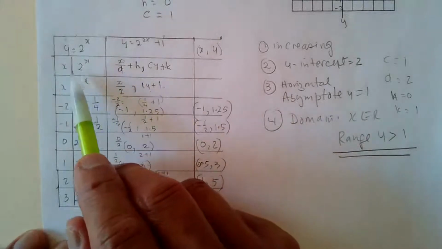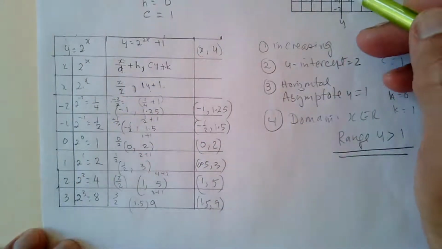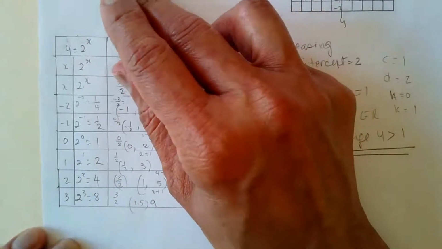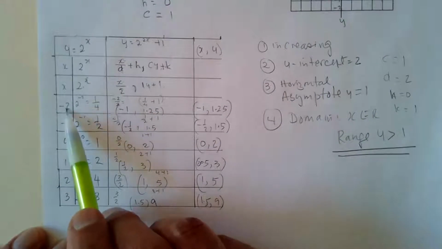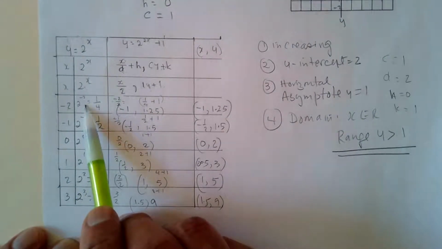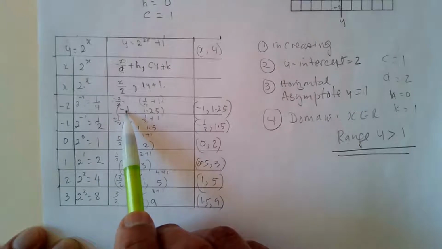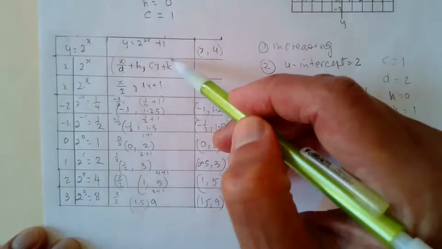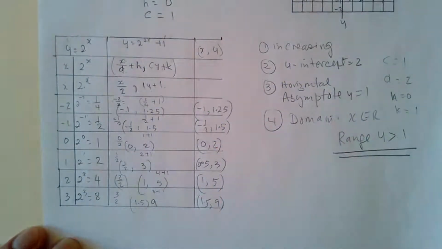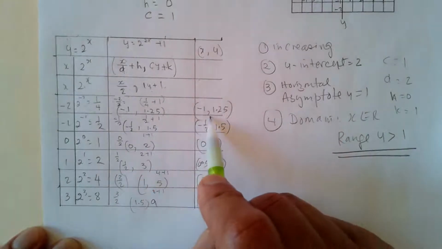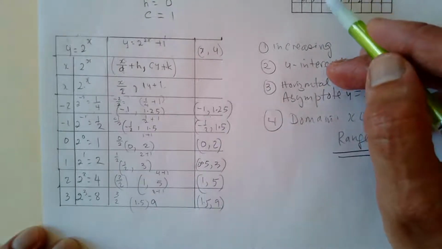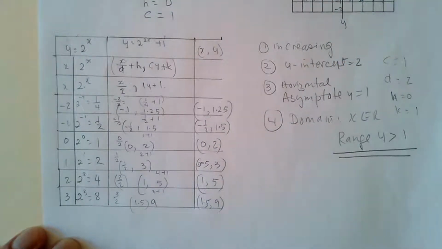First, I need to find my x and y. So I sketch my a to the x graph, which is in this case 2 to the x. Then I use the coordinates for the 2 to the x graph and substitute the values into the transformation to arrive at the new transformed x and y coordinates.